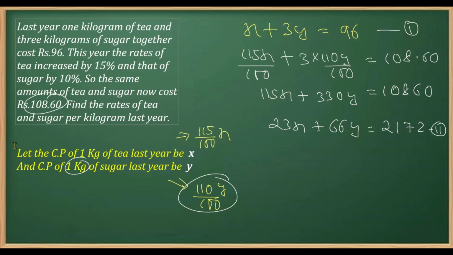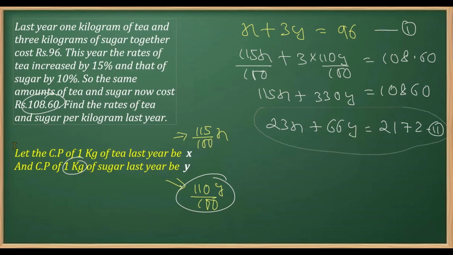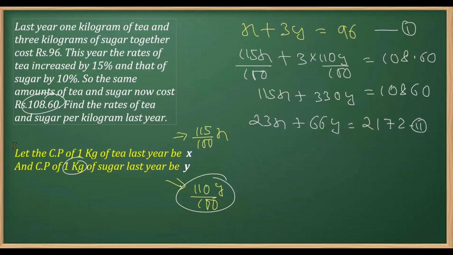Once we have obtained these two equations, you can figure out it's easier to eliminate what? It should be of the same coefficient, right? So multiplying by 23 in the first equation, or you can multiply by 22 as well. Yeah, that should also work. So I'm multiplying the first equation by 23.